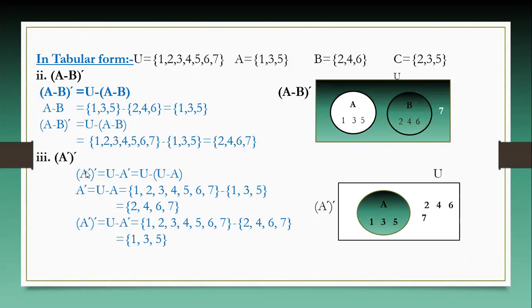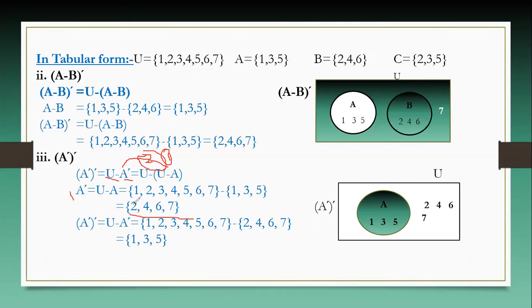Now, A double dash. A double dash means U minus A dash. And A dash means U minus A. Clear? So the first step is solve U minus A. And the second step is subtract the answer from U. First step, U minus A. It gives you this answer, 2, 4, 6, 7.